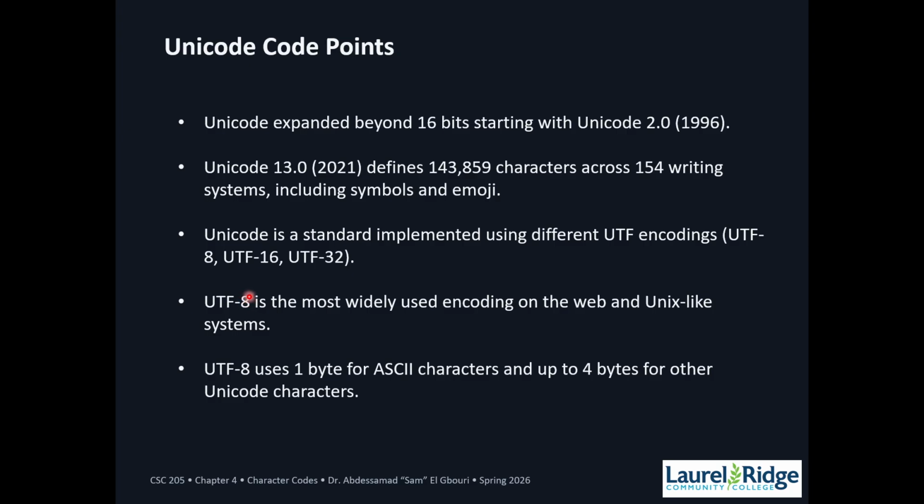It allows a lot more combinations. Therefore, it gives a lot of options, and of course, it allows us to represent a lot more. UTF-8 uses 1 byte for ASCII, so see, it includes ASCII, and up to 4 bytes for other Unicode characters. So it has a lot of space, and it allows more data to be represented.